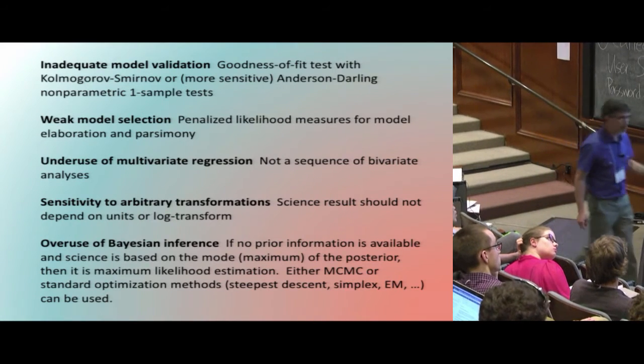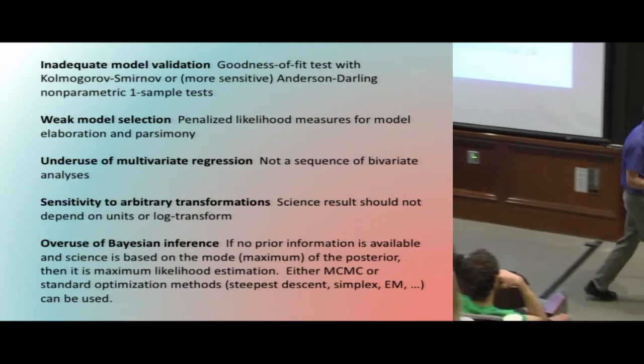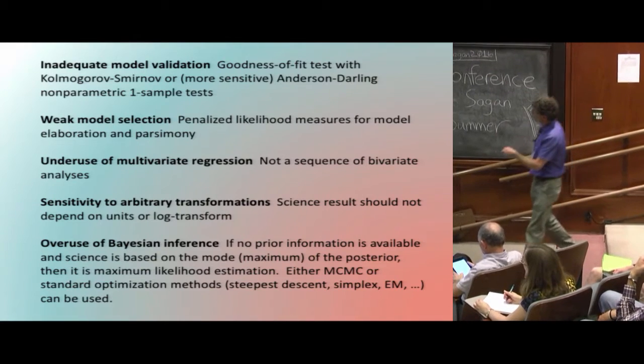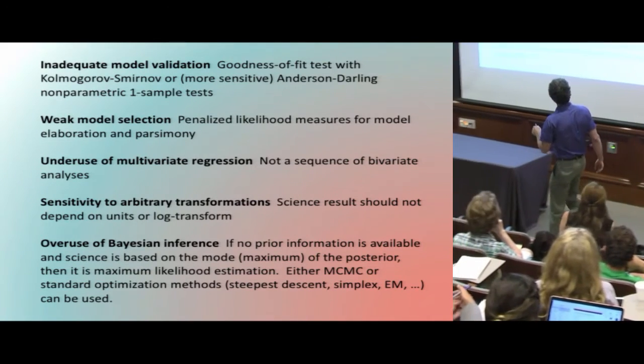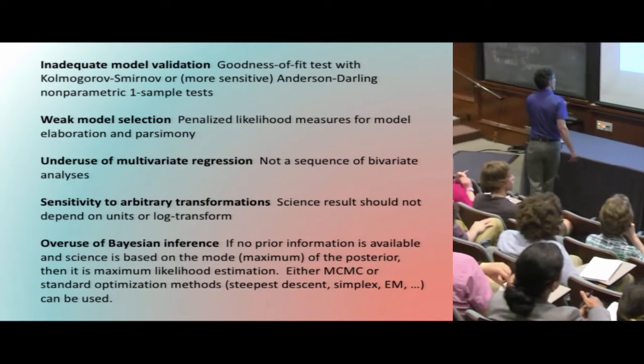When we have a multivariate problem, like 5 or 10 variables, which doesn't always happen in time series of exoplanets, but please do a multivariate regression and not a sequence of bivariate regressions. And worry about these arbitrary transformations, as has been mentioned several times already.